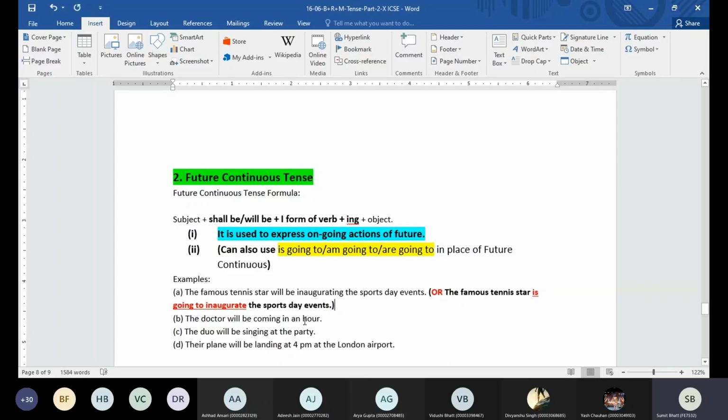We can also say the doctor will be coming in an hour, or the doctor is going to come in an hour. The duo will be singing at the party, or the duo are going to sing at the party. The plane will be landing at 4 p.m. at the London airport, or we can say their plane is going to land at 4 p.m. at the London airport. Okay, so there we use future continuous. In place of future continuous, we can always use present continuous tense.